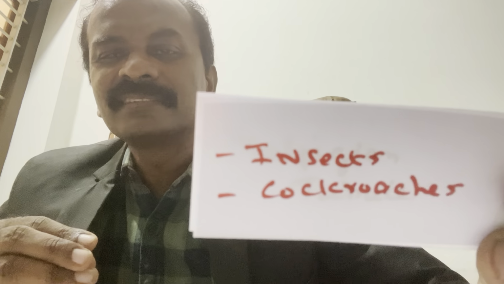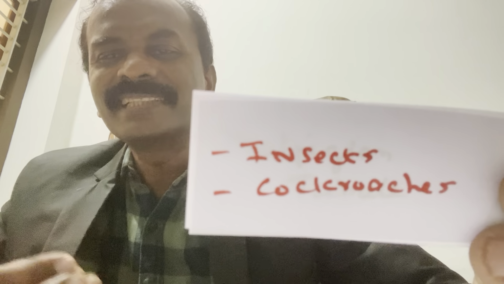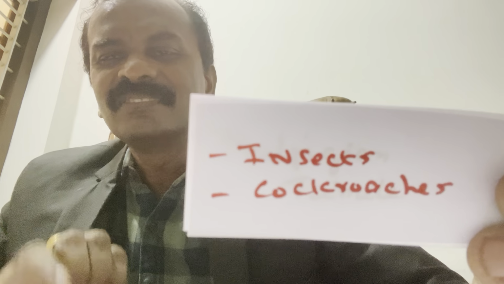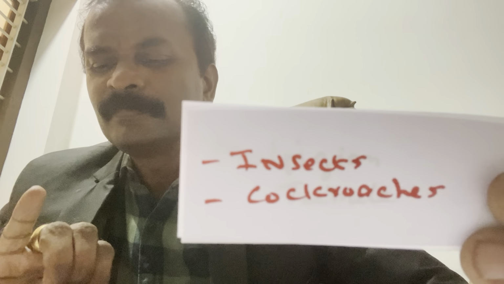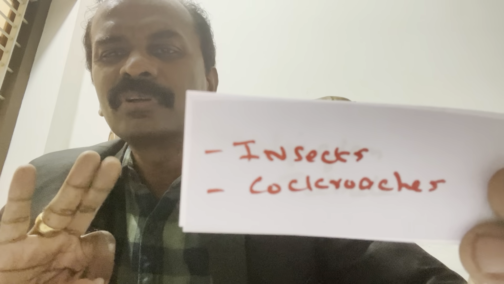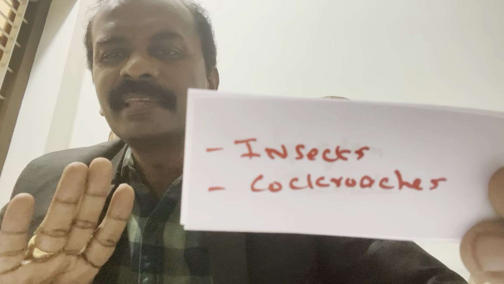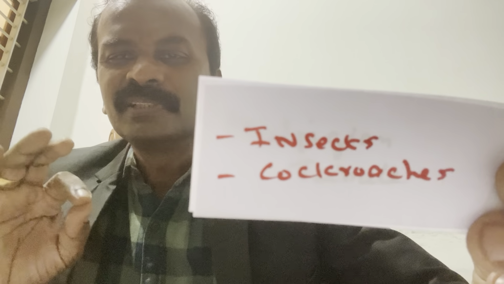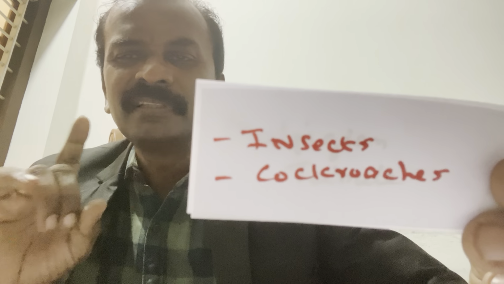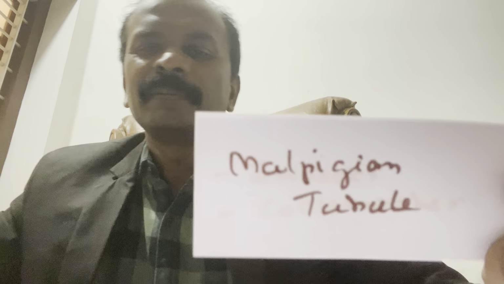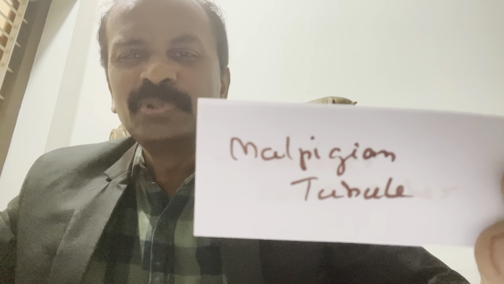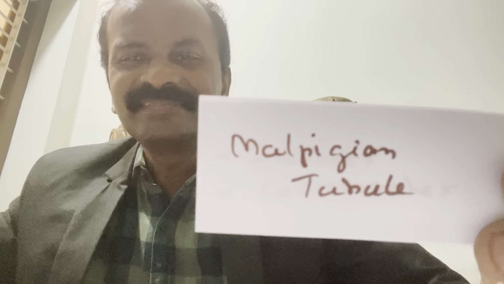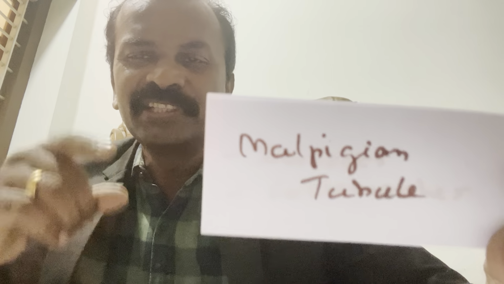So they can ask, how does a cockroach excrete? Malpighian tubule, nephridia, protonephridia, kidney. That time it will be the toughest MCQ. So insects and cockroach, whenever you see the word, just keep Malpighian tubule. That is why I told you this is the world class video.